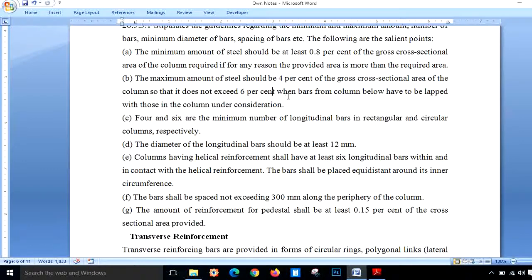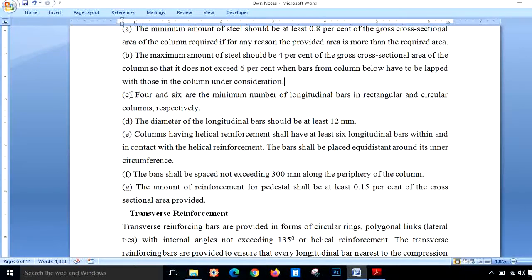Now this A and B are about minimum and maximum reinforcement. Now let us see the minimum number of bars. 4 and 6 are the minimum number of longitudinal bars in rectangular and circular columns.